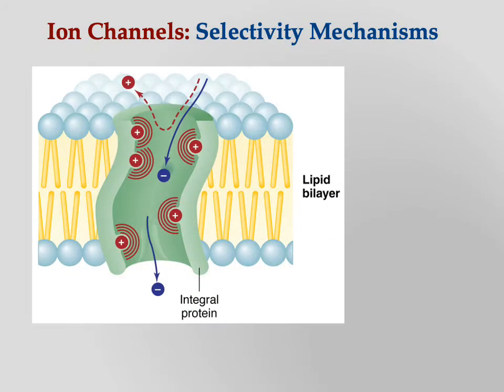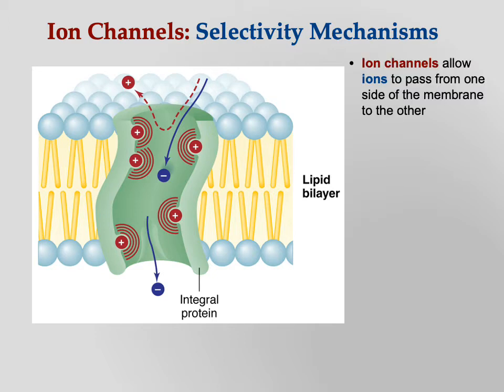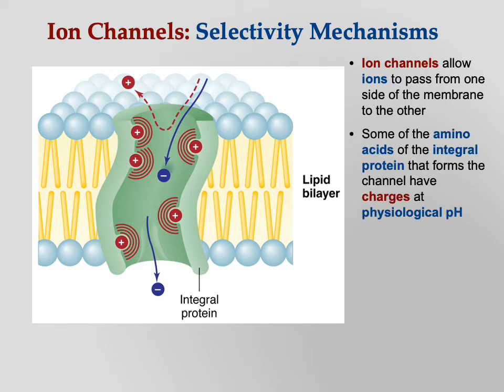So let's take a close-up look at an ion channel here. What I want you to see is that ion channels don't necessarily just let any old ion through. They can be selective, okay? So ion channels will allow ions to pass from one side of the membrane to the other, but remember that the ion channel is a protein which is made up of amino acids.